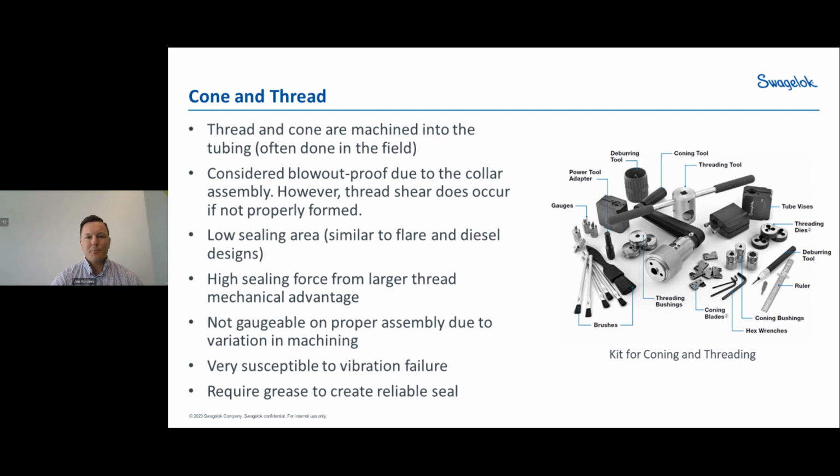If you're stick building systems, that can be another layer of assembly challenge, making sure the operators are fully trained on how that equipment is to be used and how to check for proper manipulation or machining of the tube. So it's a nuance in these higher pressure fittings that should be considered. And again, cone and thread, like the diesel style fittings, is susceptible to vibration.